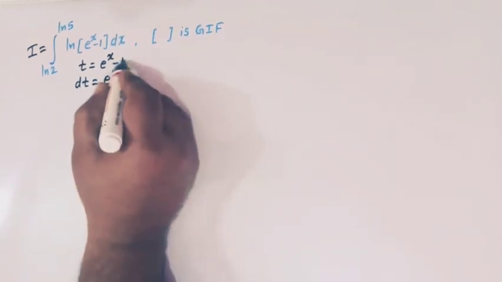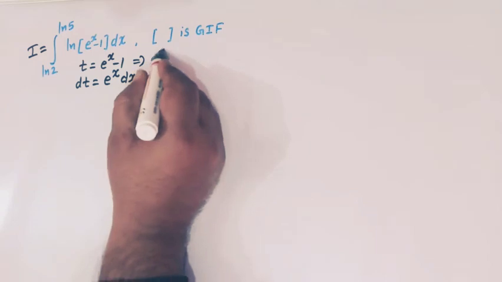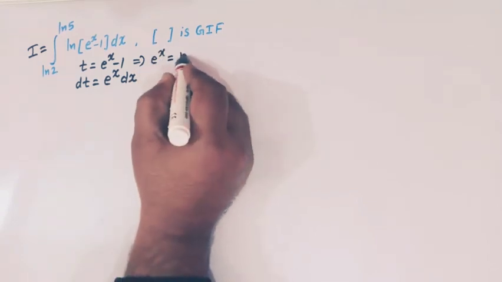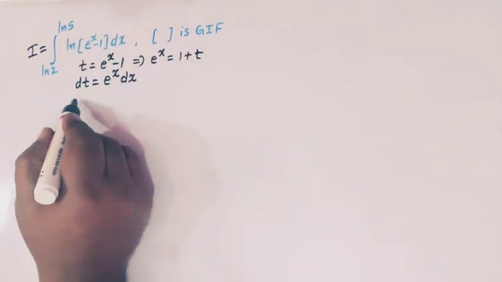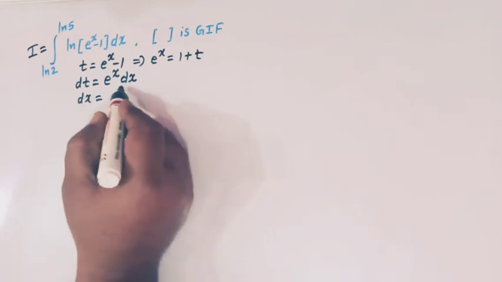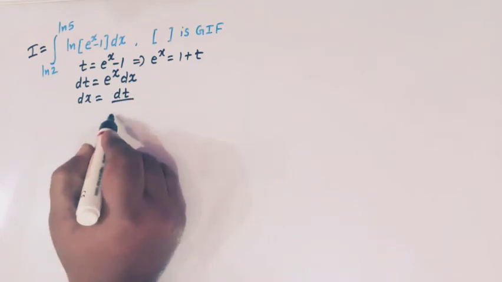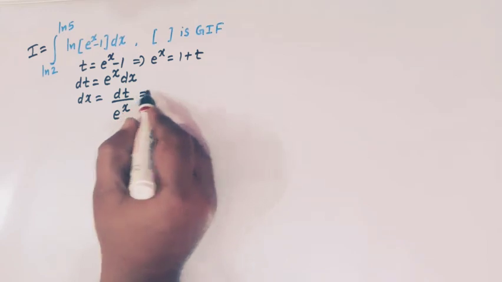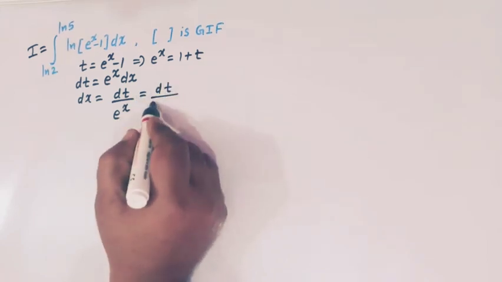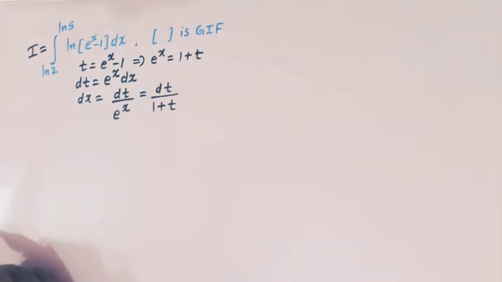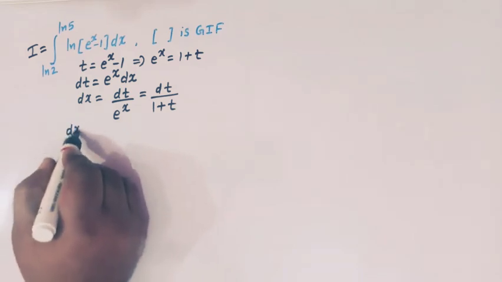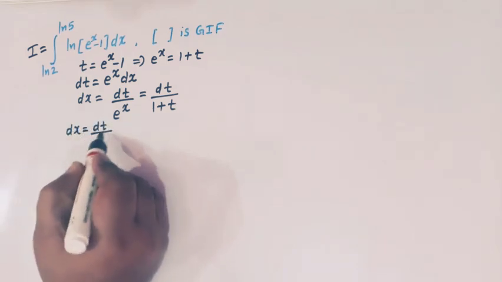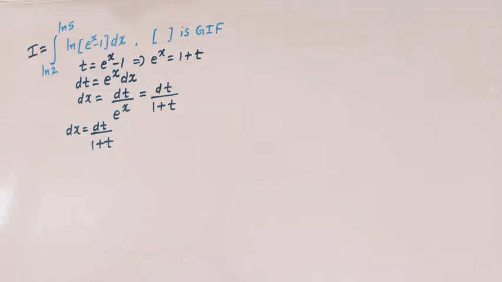Now from here e raised to x is equal to 1 plus t, so dx is equal to dt over e raised to x, that is dt over 1 plus t.